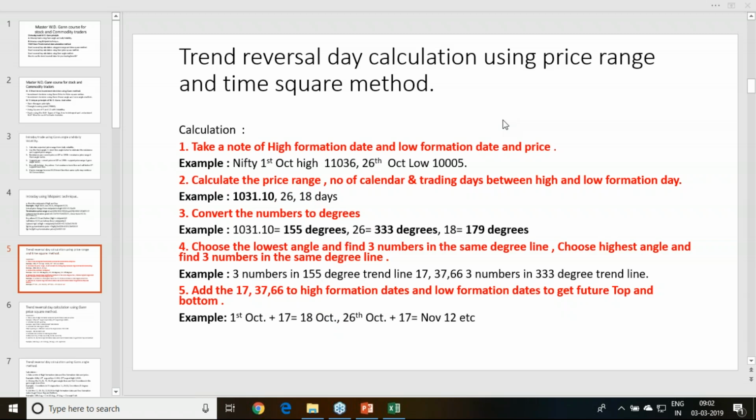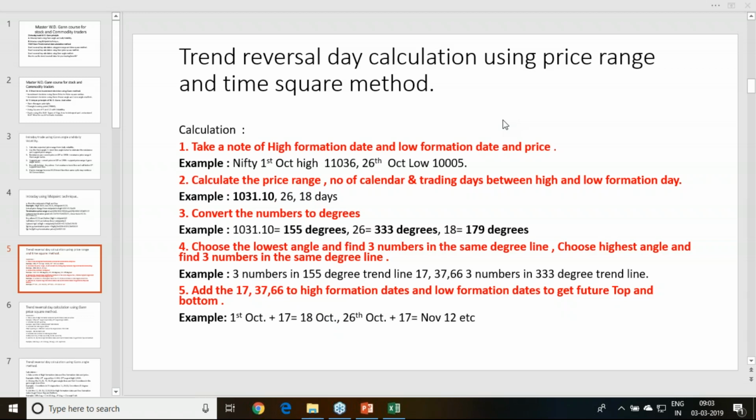Then we took the lowest degree and highest degree trend lines. On that trend line we identified three numbers, and we added those numbers to our low formation day and high formation day to get the future trend reversal dates.